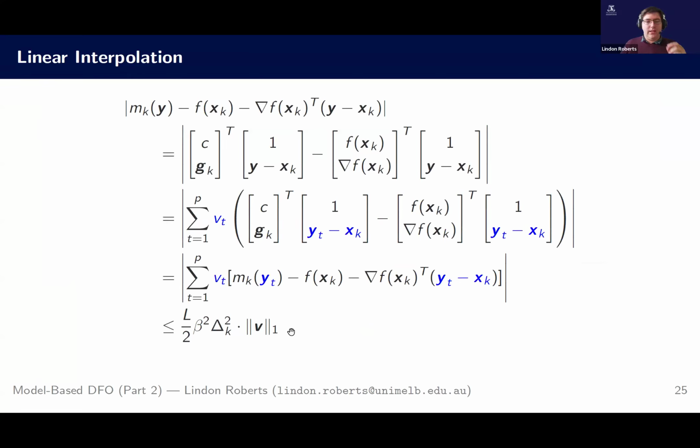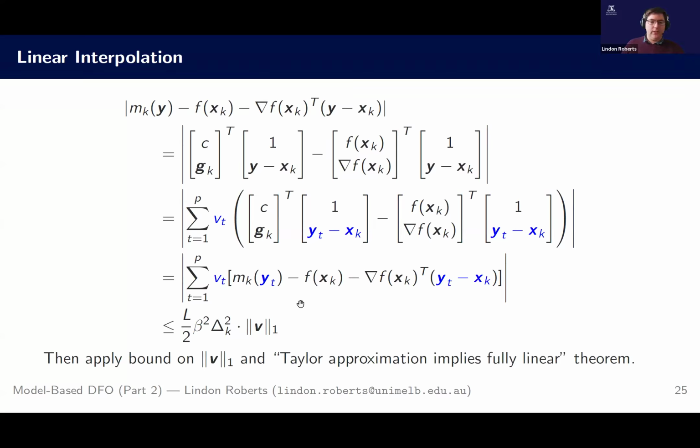So V again is how you represent my current point that I care about, Y, as a combination of my interpolation points. That gives us our V. So that's purely a geometric, essentially, consideration. And then we've got an upper bound on V, and all these results will give us the bound, but I don't have time to go through all of those details.